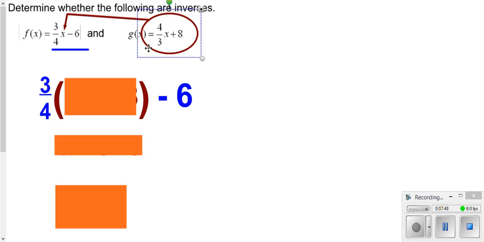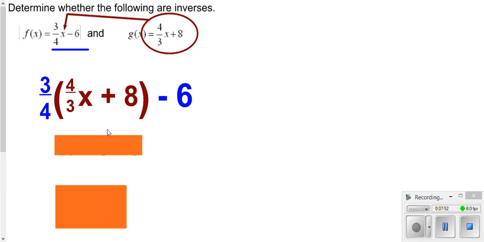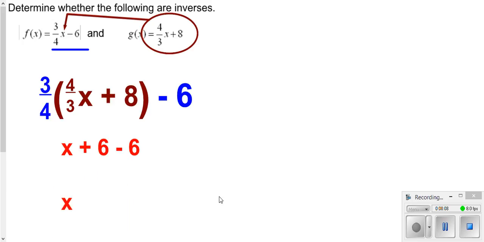Well, our second function going in as our input means it's going to go in wherever we had our x. Now if we distribute through, 3/4 times 4/3 is a 1x. 3/4 times 8 is 6. And then we still have our minus 6 over here. Well, the 6 is dropping, we just get x.